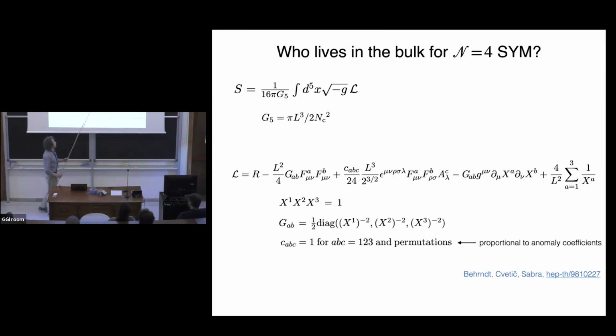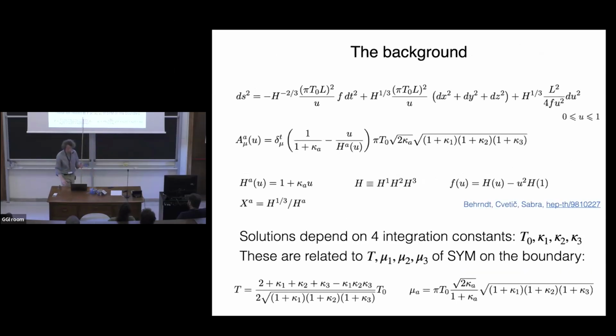Now you can take this action, work out the equations of motion, and solve for the black hole solutions. People did this. Don't look at it too closely, there are many little letters here. This is the metric, where u is the extra direction, like 1 over r squared. There's some dt squared, some dx squared, some du squared. There is a gauge field, and there are some scalars.